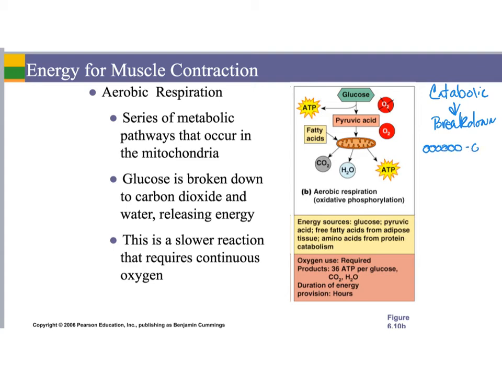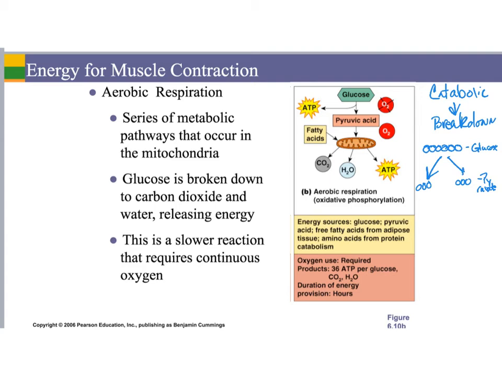This is glucose, and it's going to be broken down first into 2 3-carbon molecules called pyruvate. Pyruvate, or pyruvic acid, right?